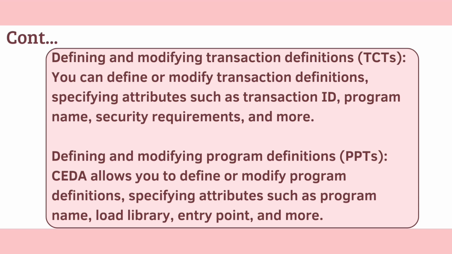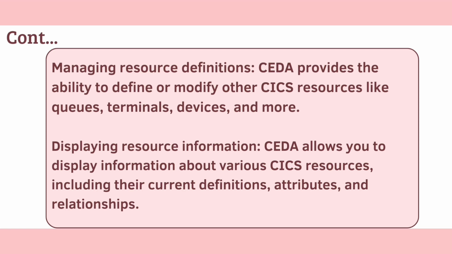Next is defining and modifying program definitions, that is PPTs. CIDA allows you to define or modify program definitions, specifying attributes such as program name, load library, entry point, and more. Next is managing resource definitions.